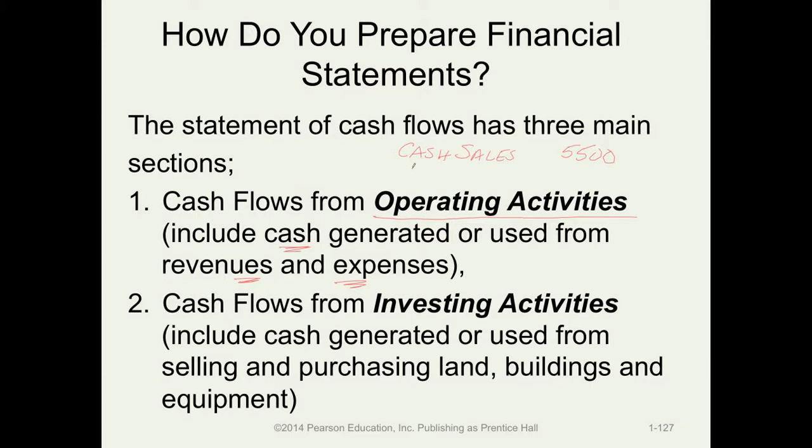They also had credit sales of $3,000. So from the accrual basis, they had total revenue of $8,500. However, they only collected $2,000 of this receivable.